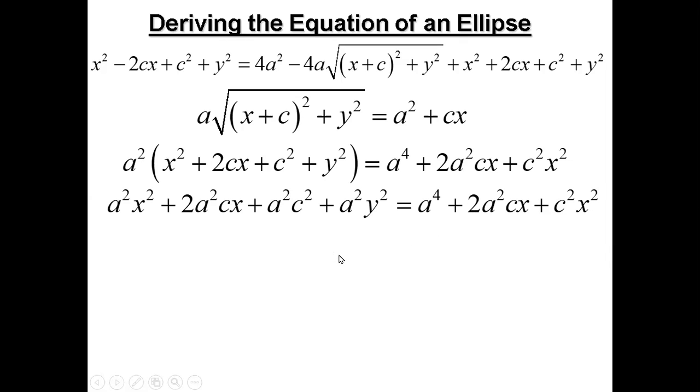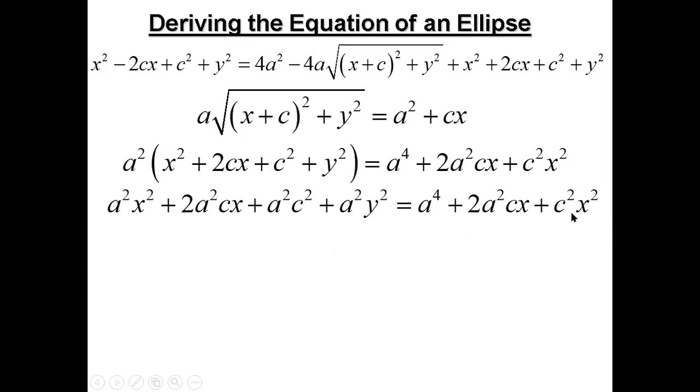And what do you think are we going to do next? So observing from this equation, as you can see, we cancel out 2a squared cx, 2a squared cx. We cancel them out. So the remaining expression will be a squared x squared, a squared c squared, a squared y squared, a raised to the power of 4 is equal to a raised to the power of 4 plus c squared x squared.